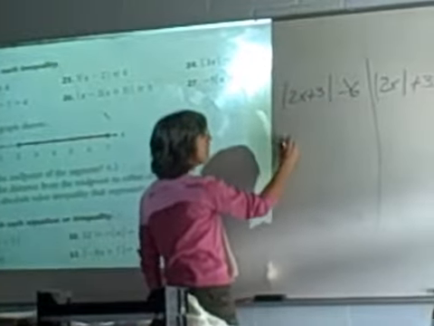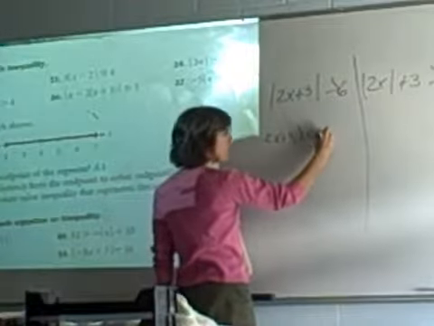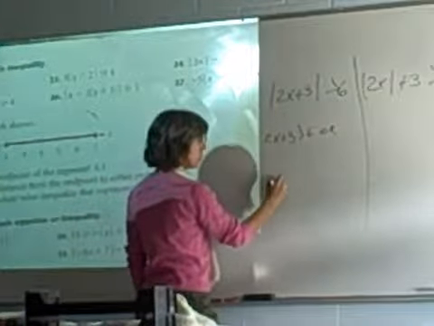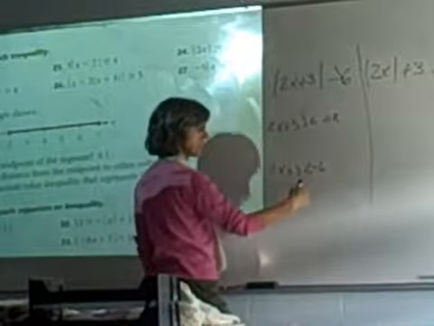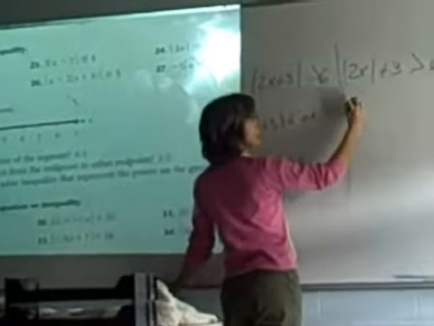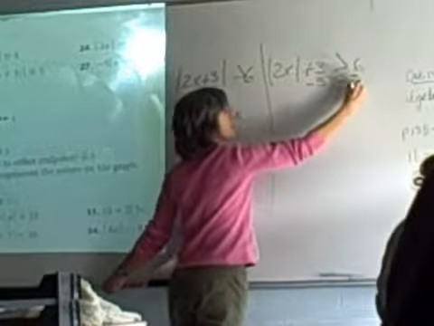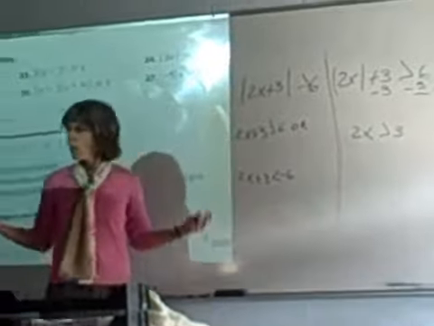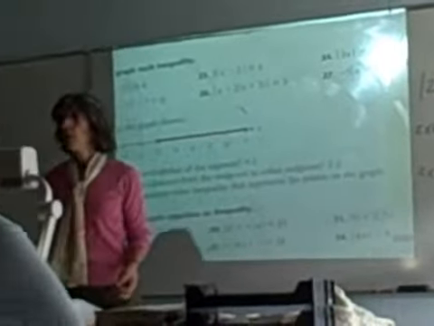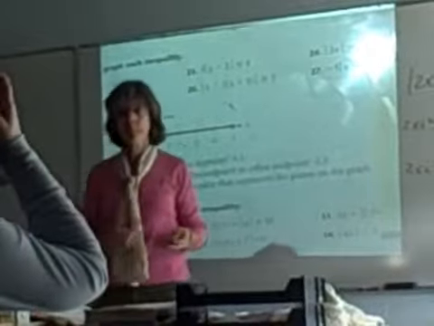If I have 2x plus 3 is greater than 6, or 2x plus 3 is going to be less than negative 6, this one is, I'm going to get my absolute value by itself. Are they the same problems? No. So they end up not being the same problem.